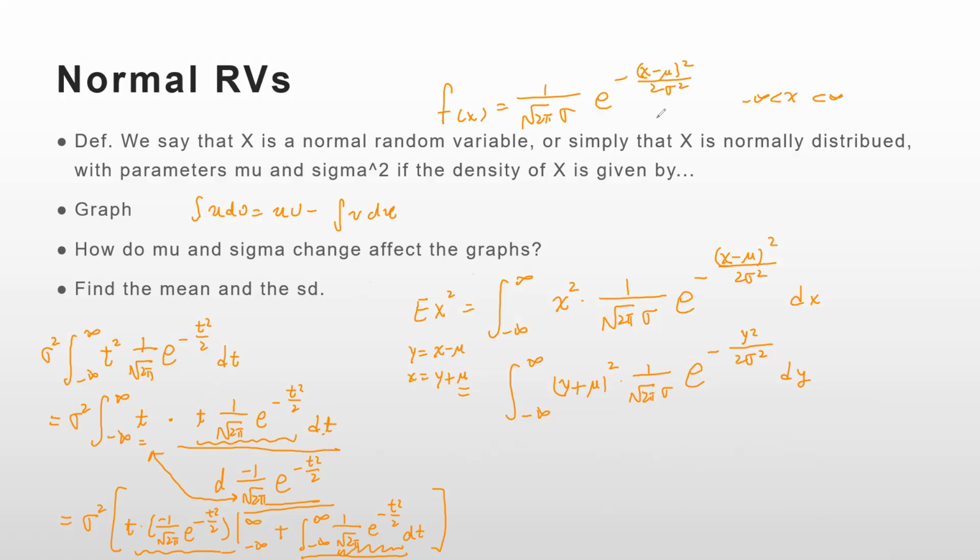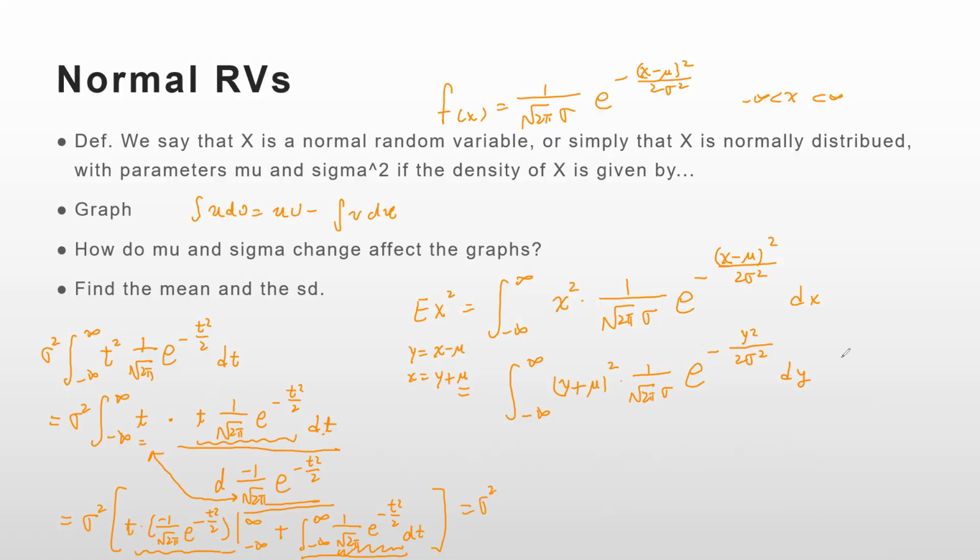When mu equals 0, sigma equals 1, you would get this thing. It's called the standard normal density function. Anyway, it's a density function, so you integrate it, you'll get 1. So eventually you get sigma squared. Okay.